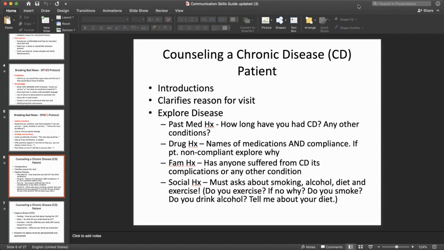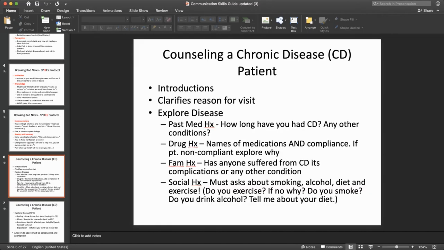The second important thing you need to do is clarify the reason for the visit. Notwithstanding whatever is written on the instructions before you enter the room in an OSCE sort of setting, you need to find out from the patient their reason for being here. So you may say something like, "I am aware that you are hypertensive and have come for a review.